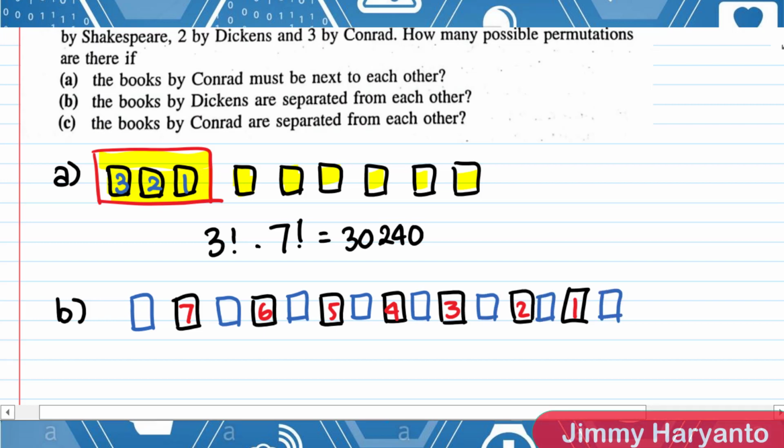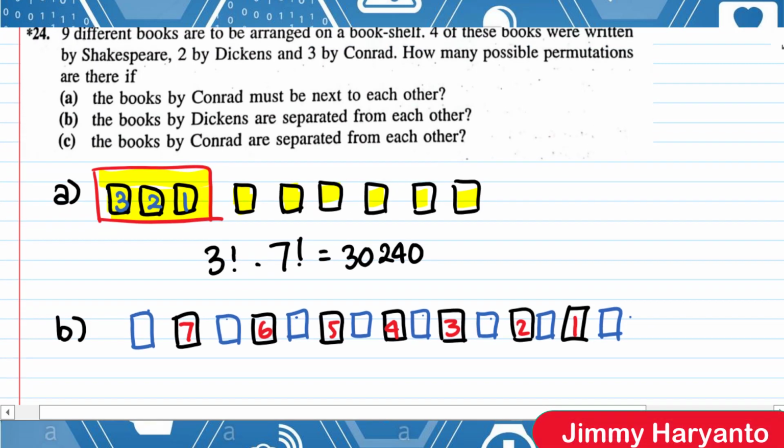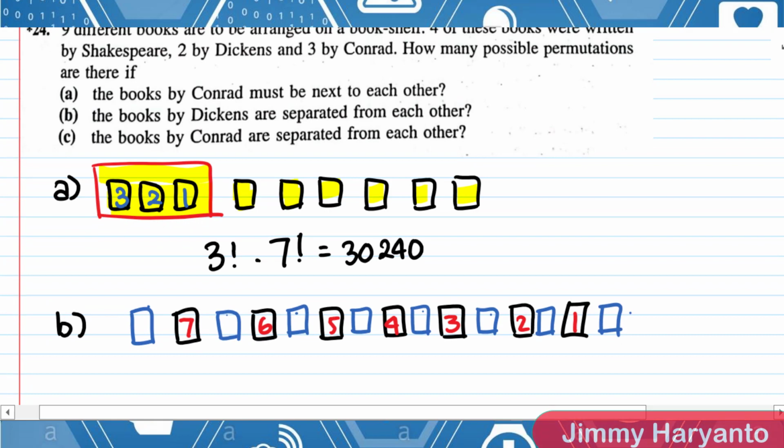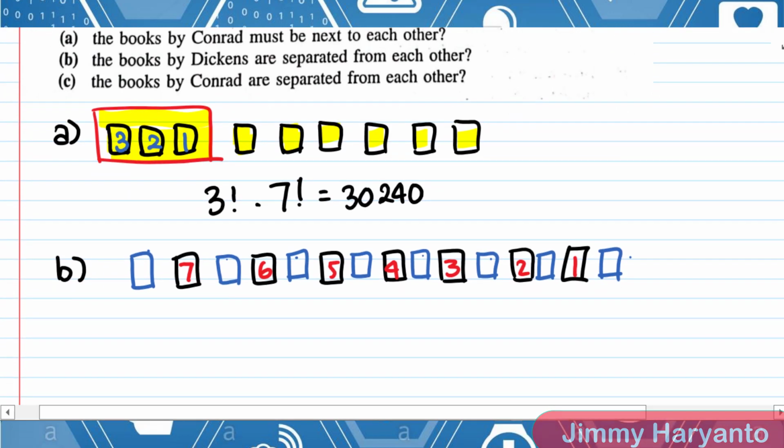So we have 1, 2, 3, 4, 5, 6, 7, 8 empty boxes that will be filled by 2 Dickens books. From those 8 boxes we choose places for the 2 Dickens books and arrange them, so 8 P2, times the red one.